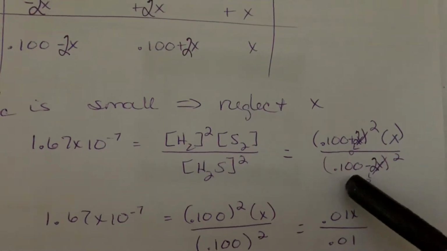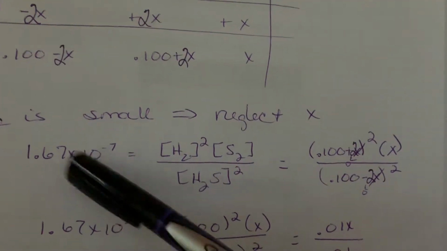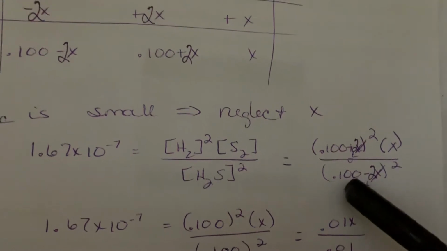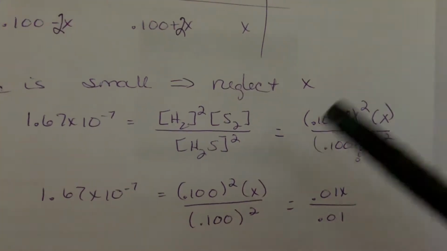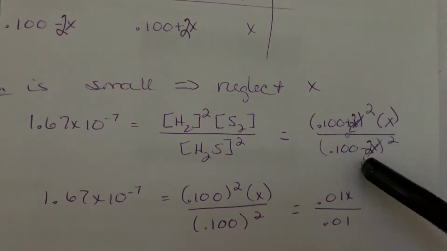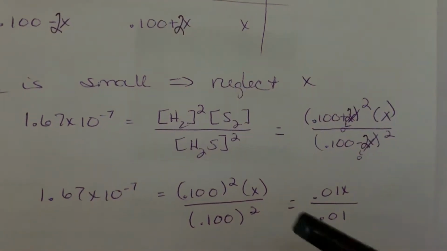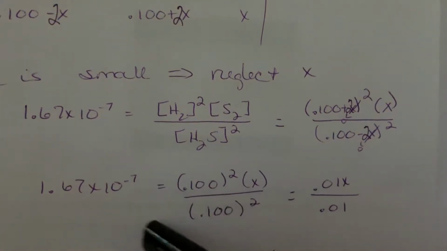The rule of thumb is if this K value is at least 3 orders of magnitude less than the initial concentration, you're safe. And this is 6 orders of magnitude less. So I'm going to go ahead and neglect x when it's added or subtracted to a number. And so what we end up with is a greatly simplified expression.